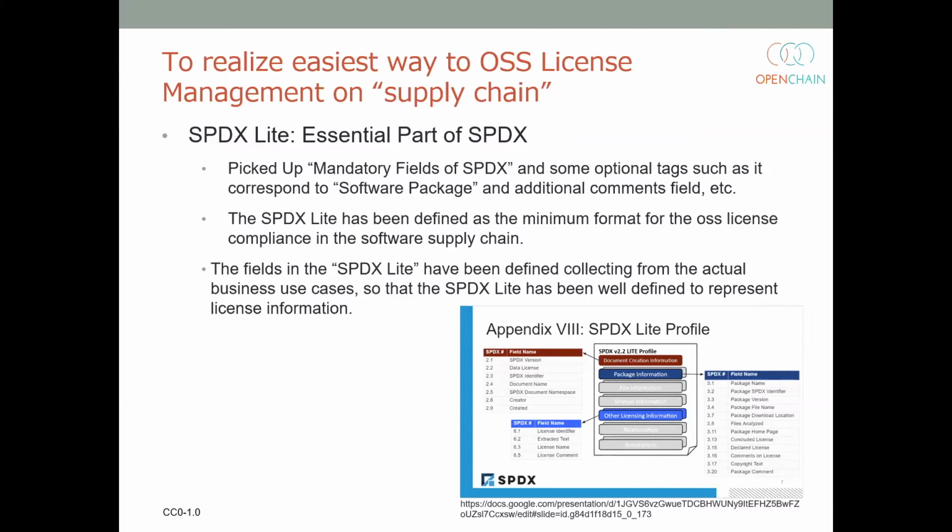And we discussed which parts have to be added to such an essential part. We picked some optional tags, such as the one that corresponds to software package name, and additional commentary fields, such as the license comment or package comment.